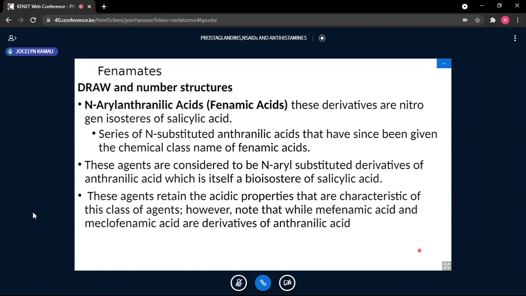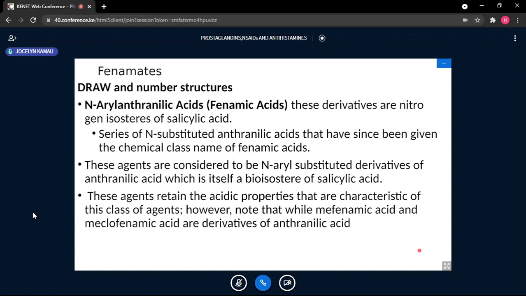You require substitution of the second ring, and therefore, if you look at the examples that we have, mefenamic acid there, you can see it obeys the structure: carboxylic acid, the amino group is substituted with a second aromatic or hydrophobic group, which is also substituted with 2', 3' methyl groups. So it's a 2',3'-dimethyl anthranilic acid derivative.